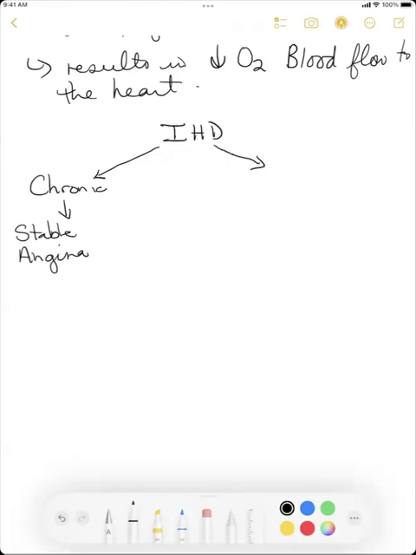If there's chronic, there's also acute. This is going to be a sudden happening, and these acute ones are all medical emergencies. It requires treatment immediately. There are two types of acute ischemic heart disease that we'll talk about.